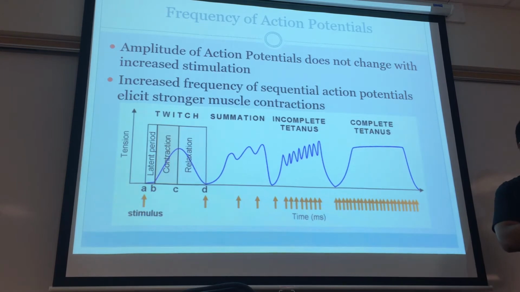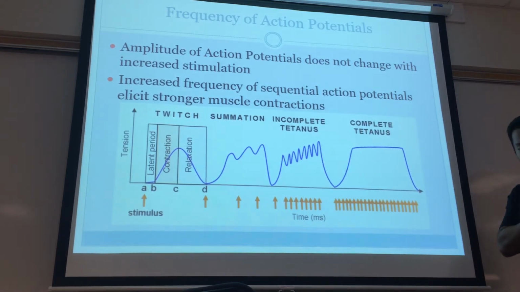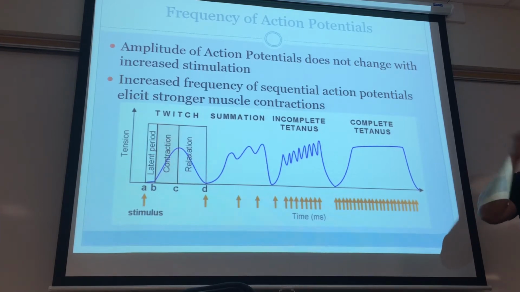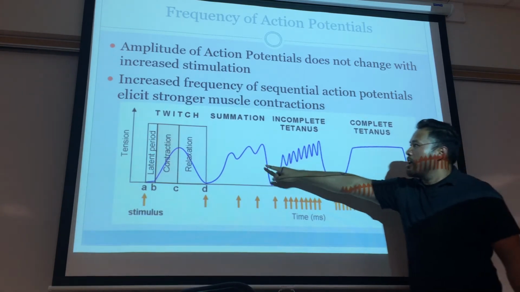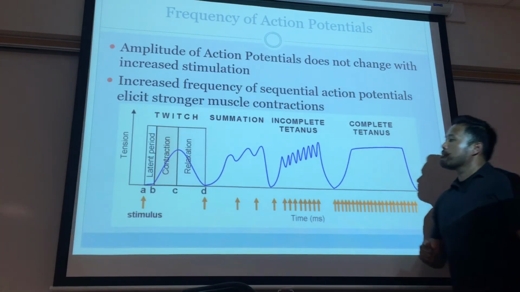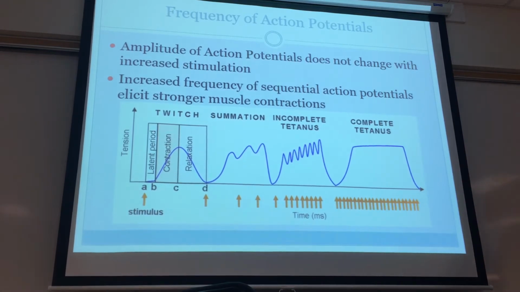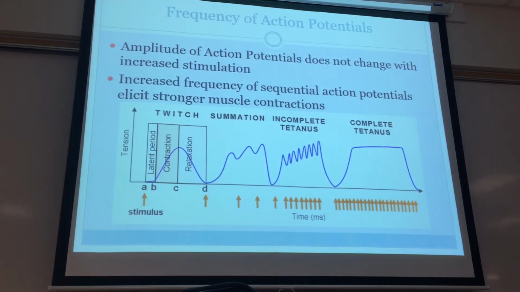If I'm trying to get that bicep to lift that weight, I need that CNS constantly stimulating and firing that neuron to constantly fire action potentials, to result in more contractions that add up. So this is what we call summation.